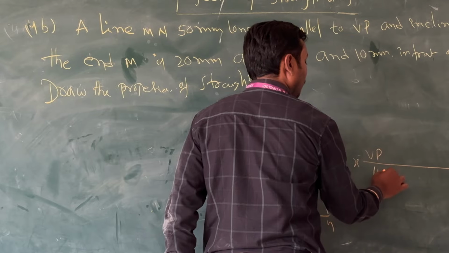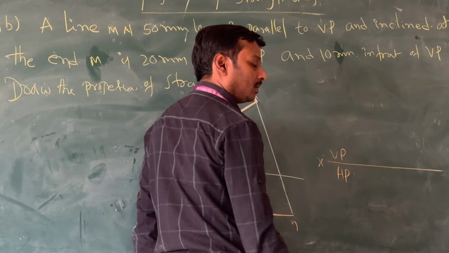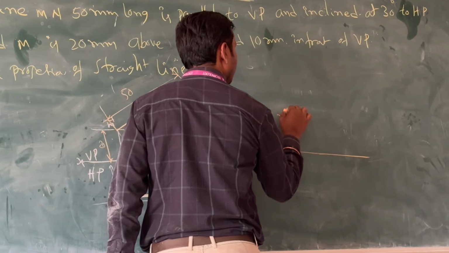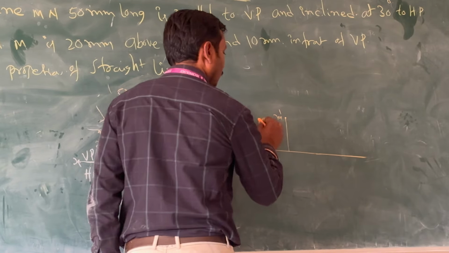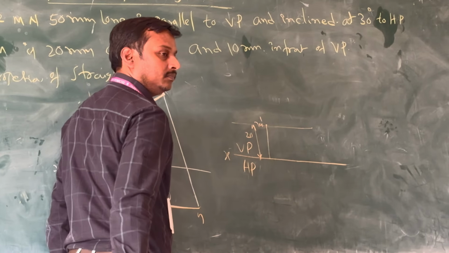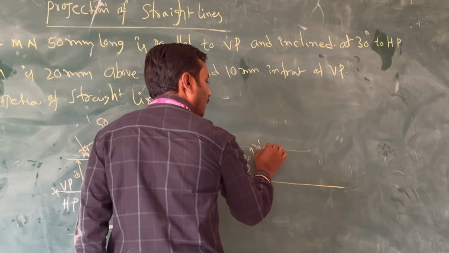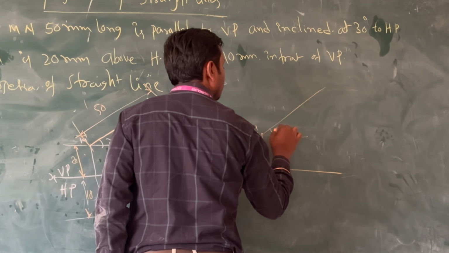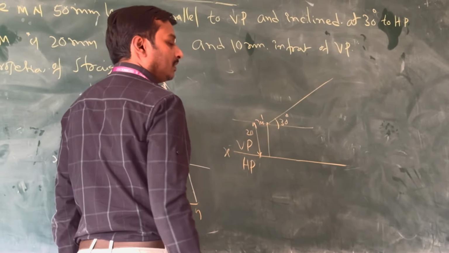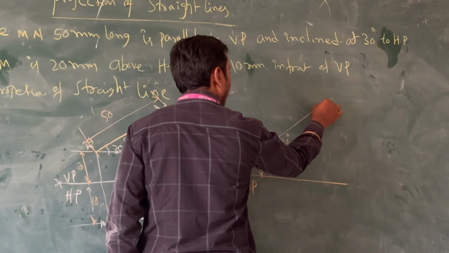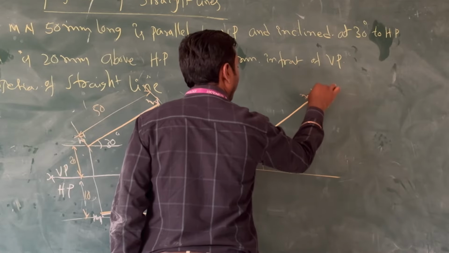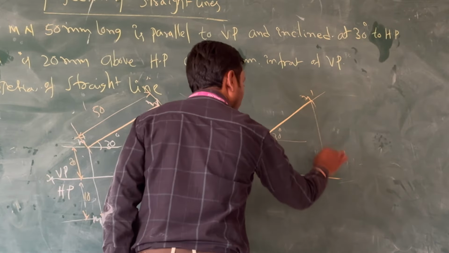XY, VP, HP. Above how much? 20 mm. It means M dash. This is 20 mm. What is the angle here? This angle is 30 degrees. What is the length MN? Take 50 mm, mark here. M dash, N dash. Again projection here.